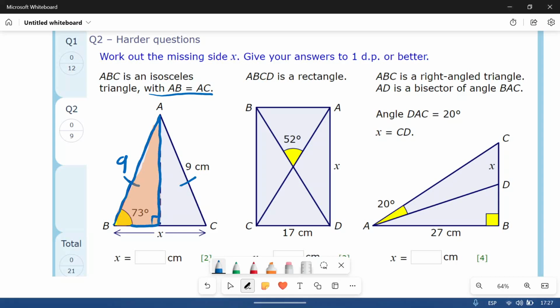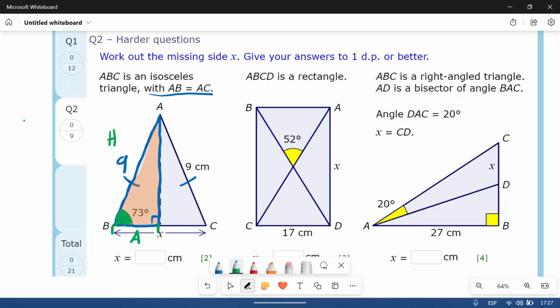We have 9, which obviously is the hypotenuse. We have this angle here, and if we can find this length here, which is exactly half x, we can double it and we get x, and that will be the adjacent side because it's right next to the angle that we have.